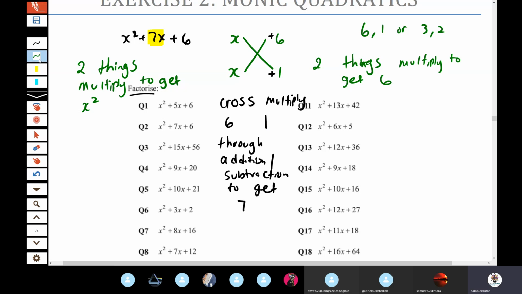Okay, the answer, just to finish off this one, is x plus 6, x plus 1. So the way we read them is straight across. X plus 6, x plus 1.